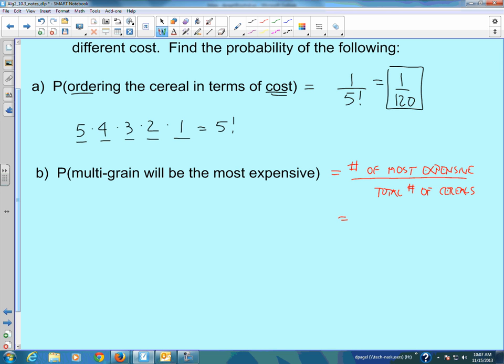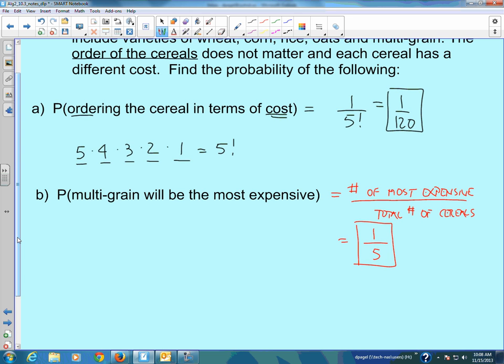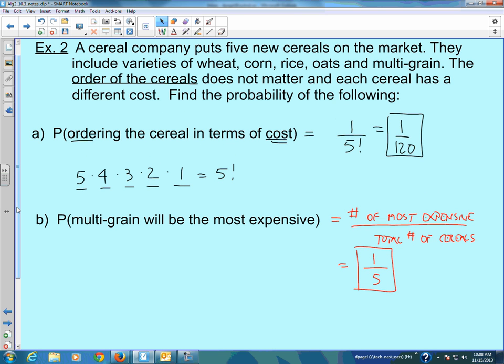So we have only one that's the most expensive out of the 5. So we have a 1 in 5 probability here that multigrain would be the most expensive. And that could be the same thing for probability that rice or oats or corn is the most expensive. So one of those 5 cereals is going to have to be the most expensive. One of those 5 cereals would have to be the least expensive.